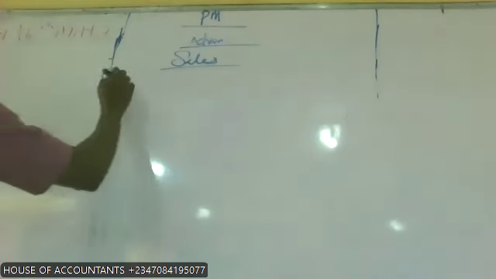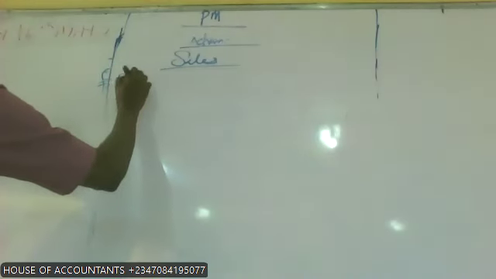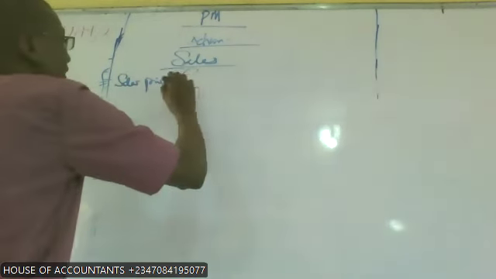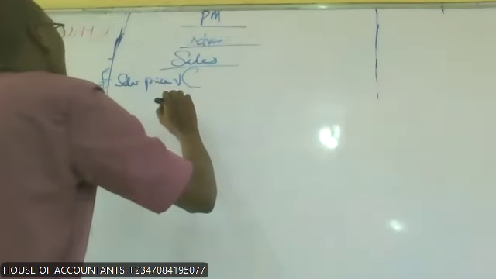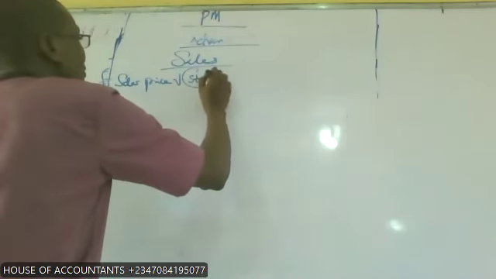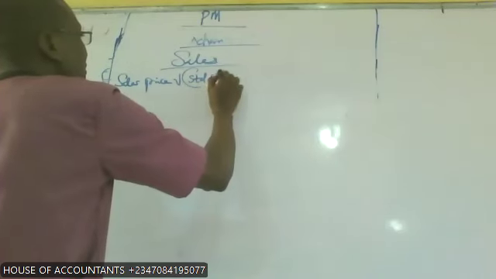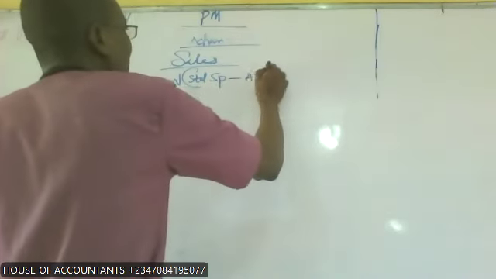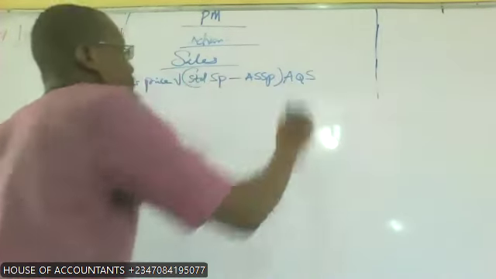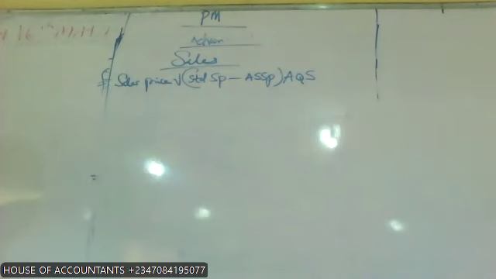So we can only calculate the sales price variance, which is the standard selling price minus actual selling price times actual quantity sold.